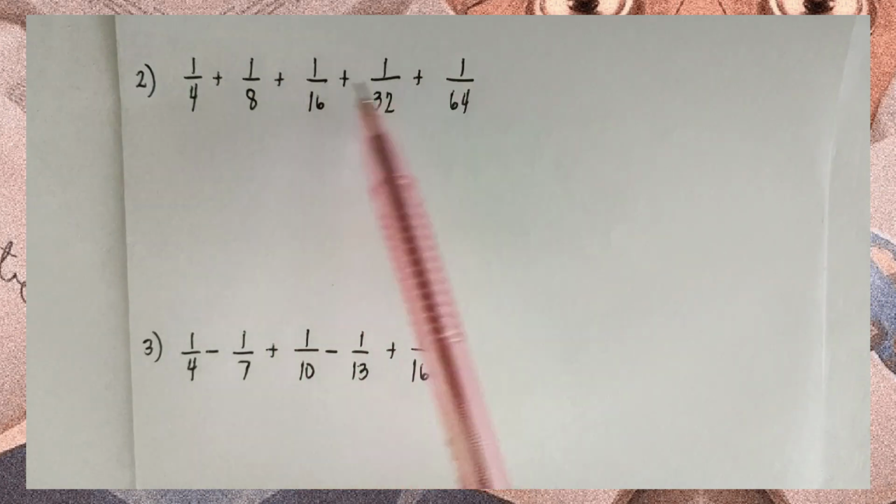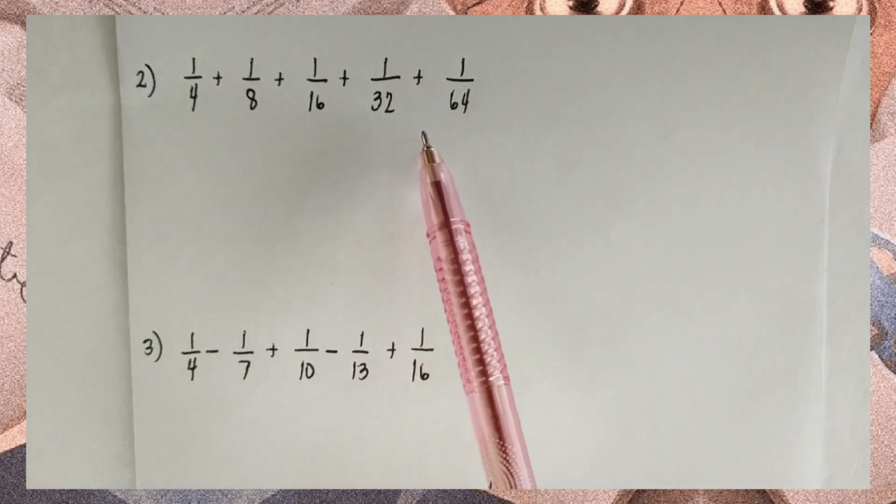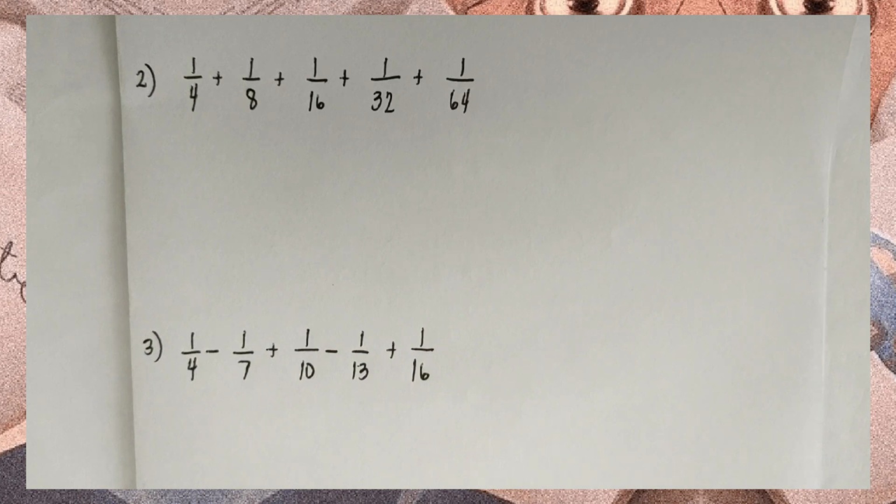Same numerator, let us focus on the denominator. First, let us check whether it is a geometric or an arithmetic. Very good. There is a common ratio. Therefore, this is an example of geometric series. And let us compute for the common ratio.